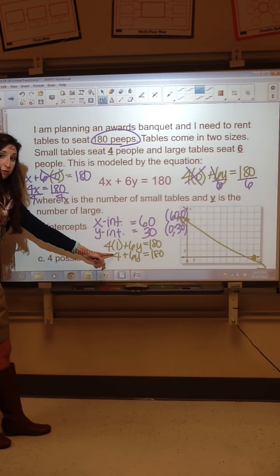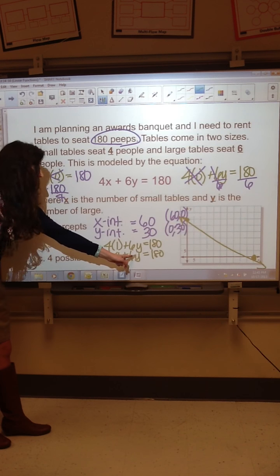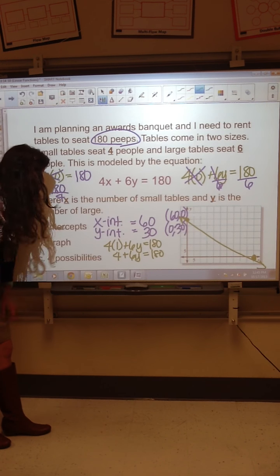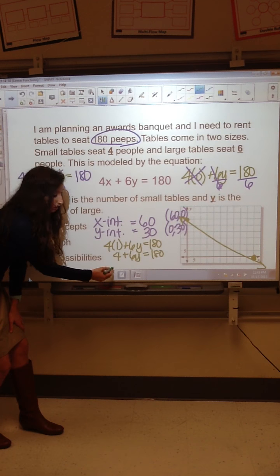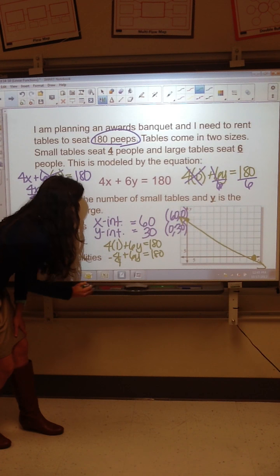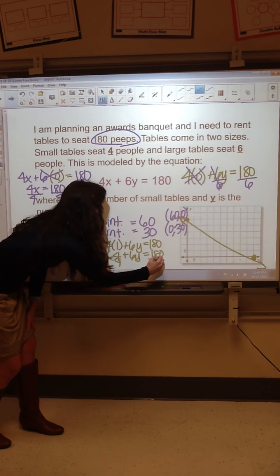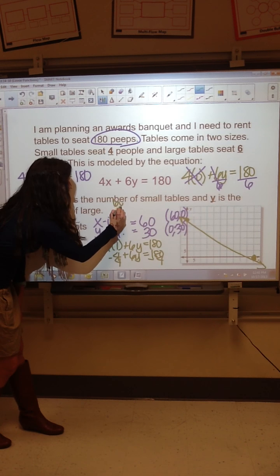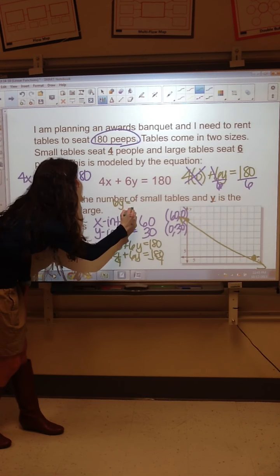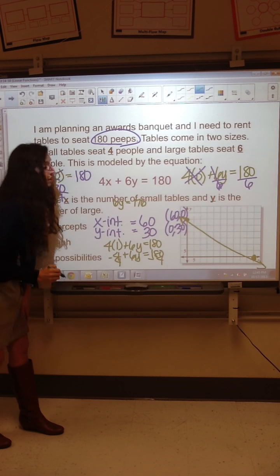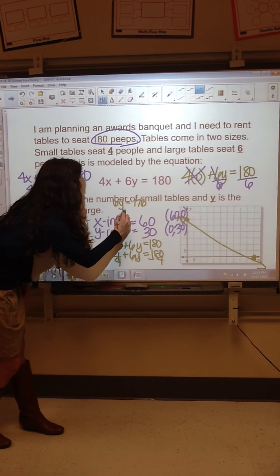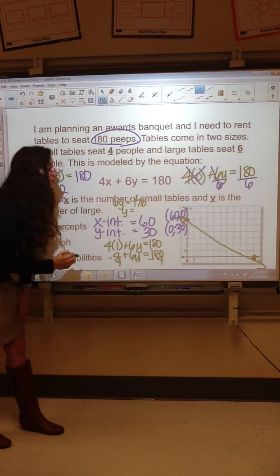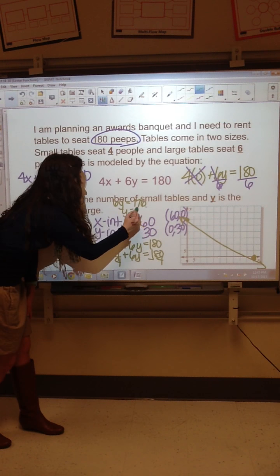Okay, can I get my 4 to the other side? Yes, because I want y by itself. So what's the opposite of 4? Minus 4. And whatever I do to the left, I do to the right. So then I'm left with 6y equals 176. You may use your calculator, and you will calculate y. You can figure it out.